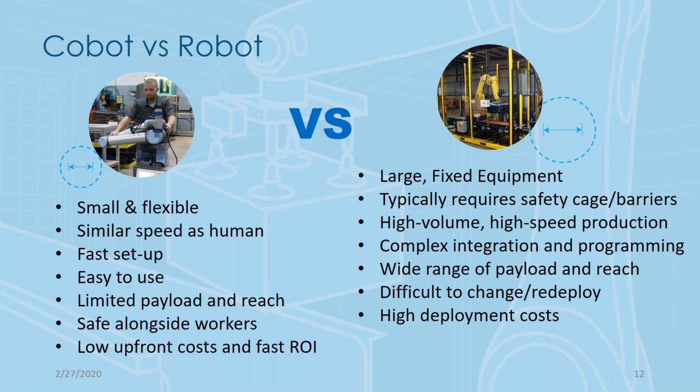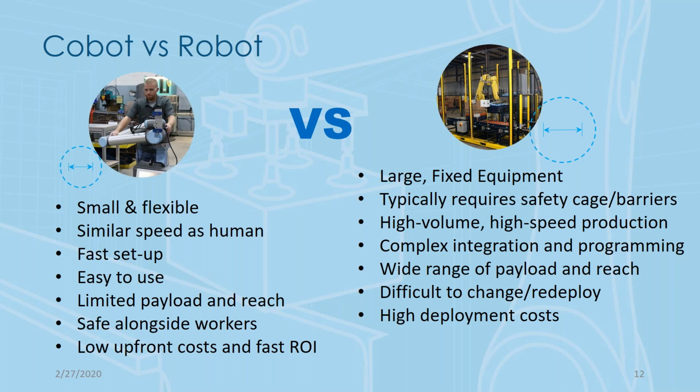Typically you're not moving traditional robotics around in that fashion, because they're going to have safety guarding or a dedicated cell. So not only making them fixed, but also increasing the investment that's typically needed.